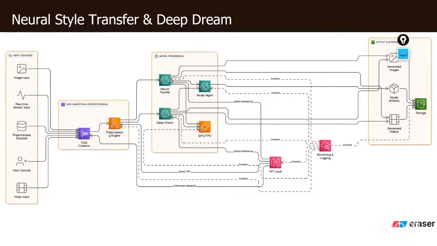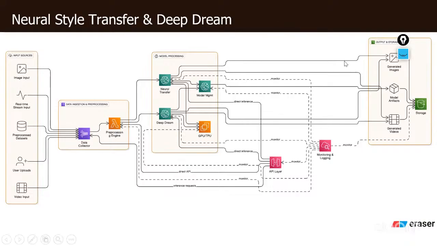Then batch mode. Batch mode is for higher resolution output or video processing. We can break the inputs into tiles and dreamify them. Caching and reuse: by precomputing intermediate activations for popular layers, we can avoid redundant computations and we can use it for different amplification scales.